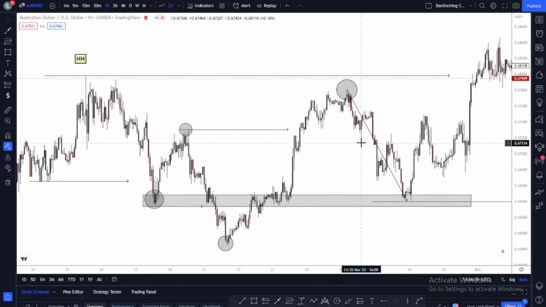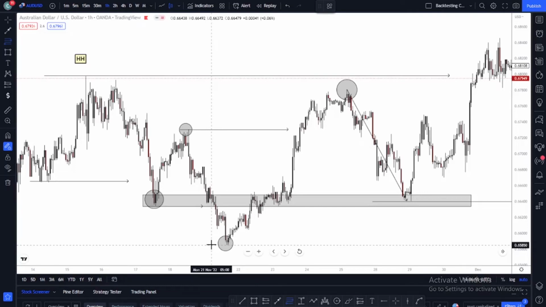After price retraced to that zone, remember, let's take our Fibonacci and see if our golden zones, which is the 50% and the 61.8, are in confluence with the support zone.